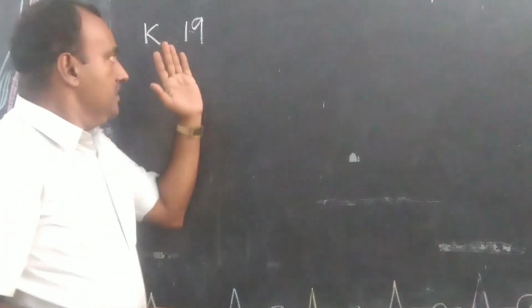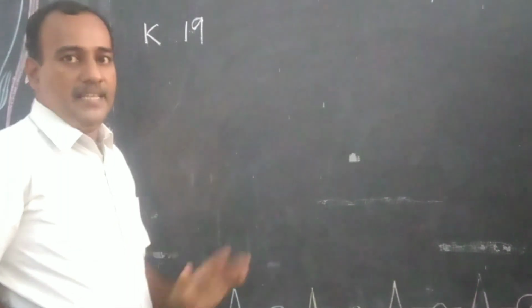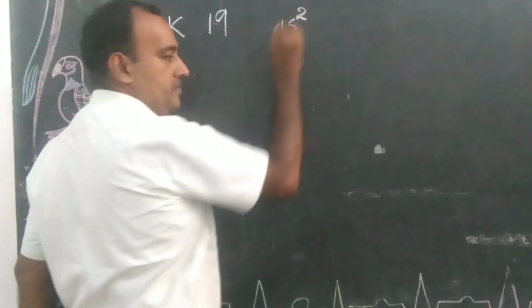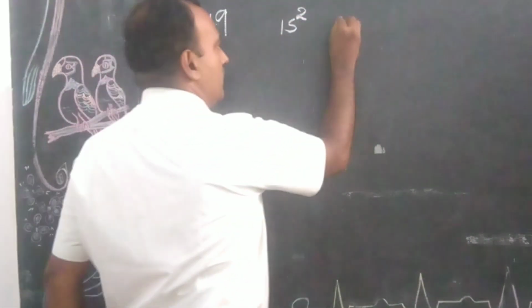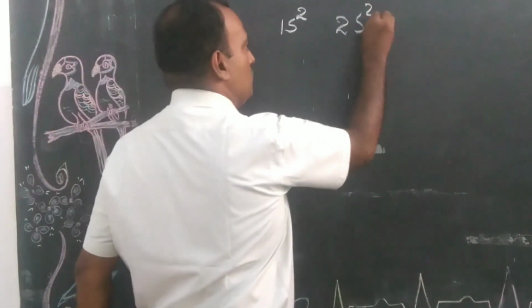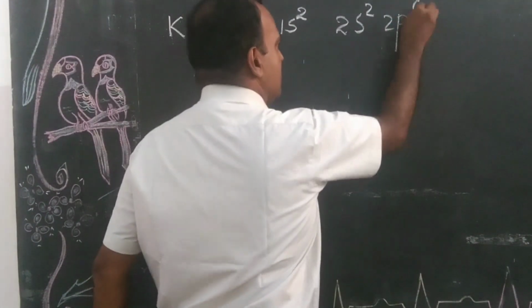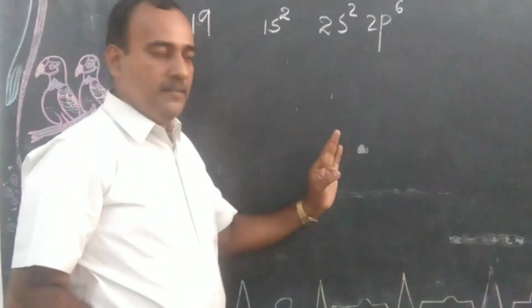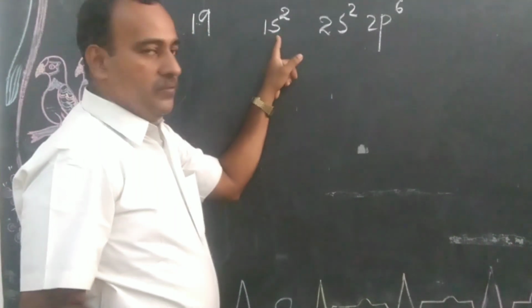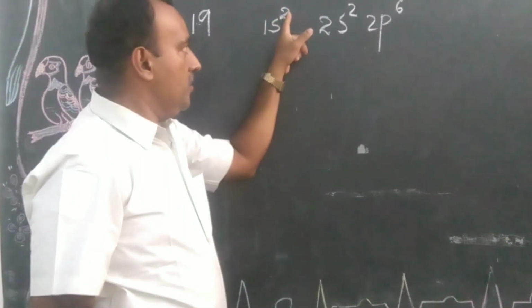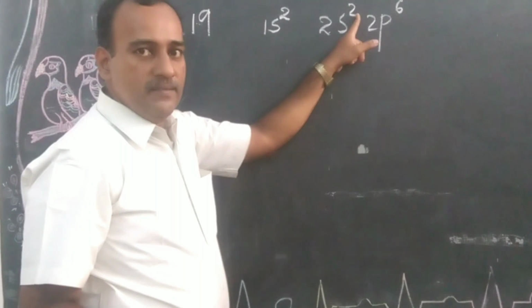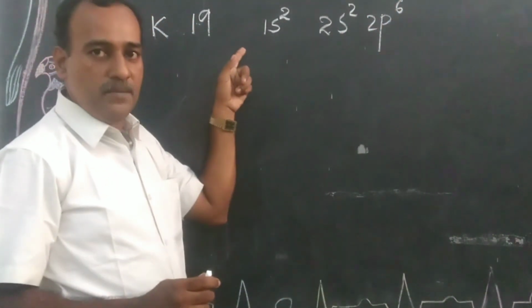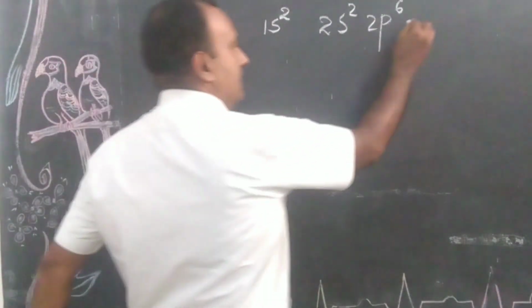As per the subshell levels, we write 1s2, then 2s2, 2p6. Then we count how many electrons: 2 plus 2, 4, 4 plus 6, 10 electrons over. 19 electrons are present, so we have to write the next level.